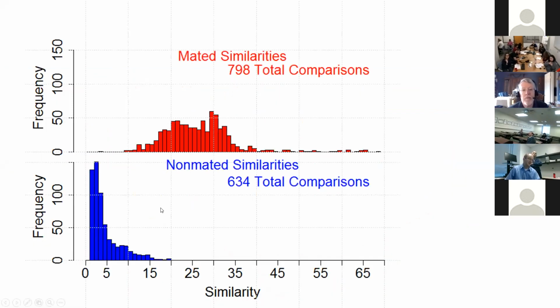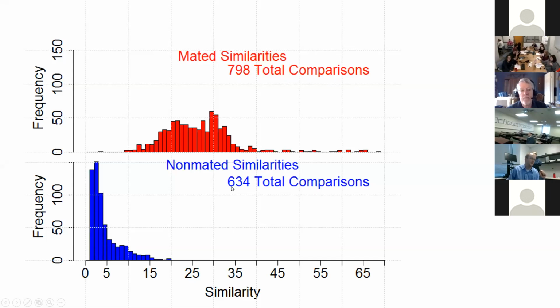So as just a very introductory effort, suppose we're considering fingerprint examination, and an expert arrives saying, I'm going to use algorithm A. And for algorithm A, I've conducted 798 total comparisons where the two fingerprints were made by the same finger.